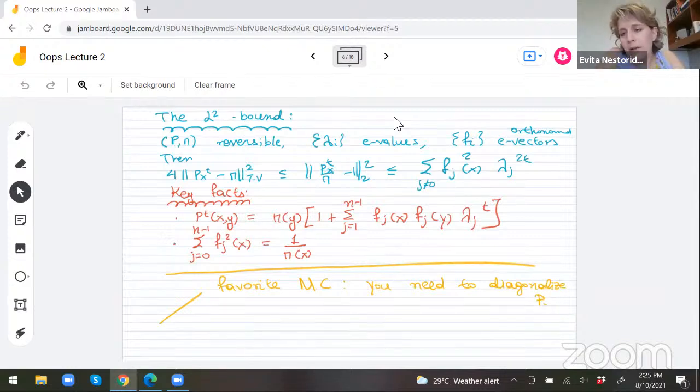And the main way to do this, I mean, sometimes we're lucky, sometimes the space is very small and we can do it by hand, like a simple random walk on a cycle, for example, or on a path. But usually the configuration space is bigger. And the main technique that I'm aware of is using representation theory. And this technique usually works when the graph is a Cayley graph and the generating set is a conjugacy class. This is the standard technique due to Diaconis and Shahshahani.